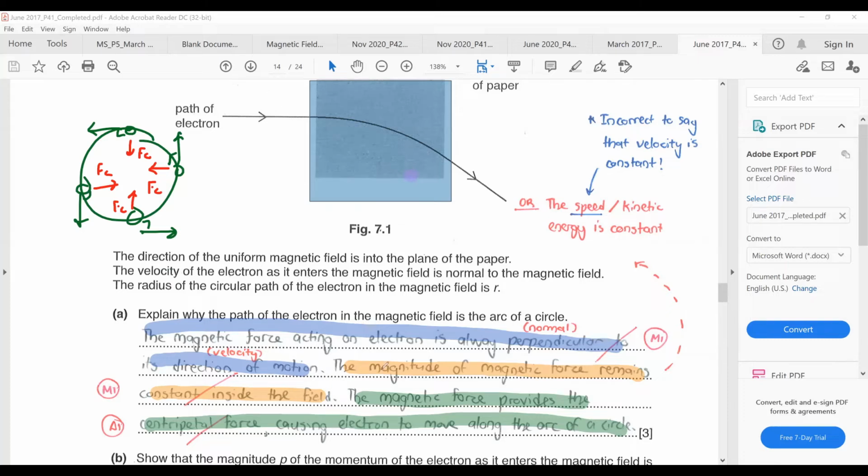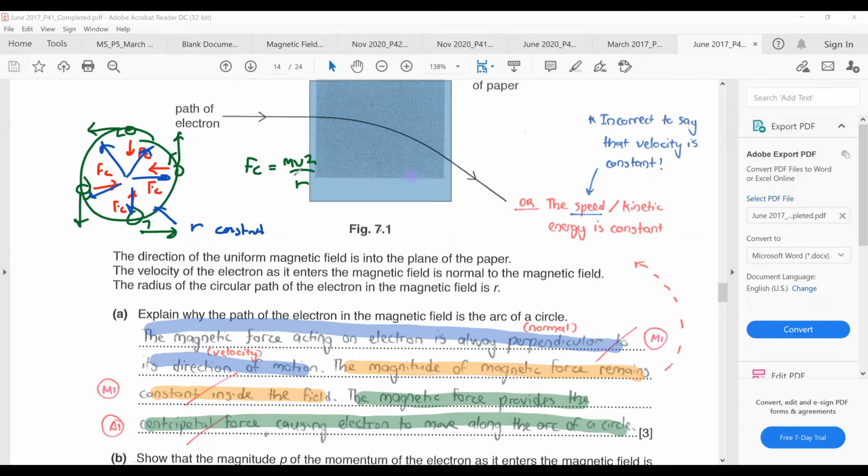And the part where you say the magnitude of the magnetic force remains constant inside the field is related to this. The centripetal force is mv squared over r. When you're trying to move in a circle, your radius r is constant.